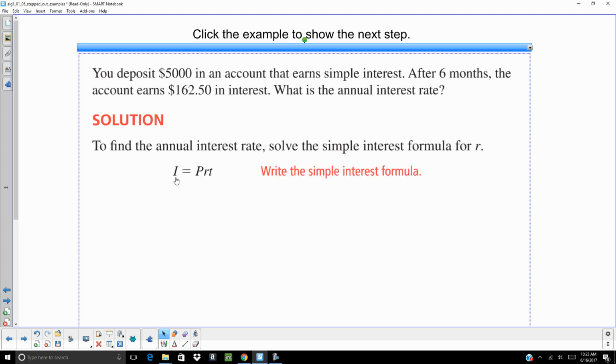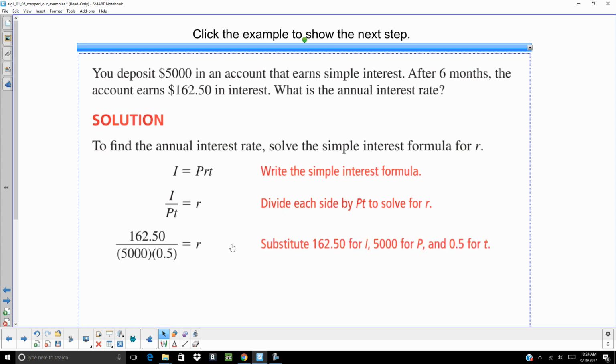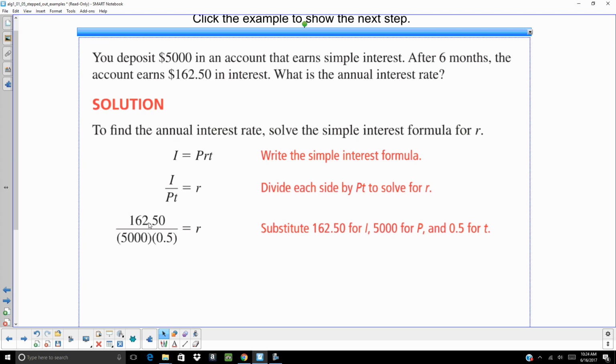So we've got I equals PRT. So we want to solve for R. So we divide both sides by the P and the T. We plug in what we know. Our ending amount, it accrued $162.50.